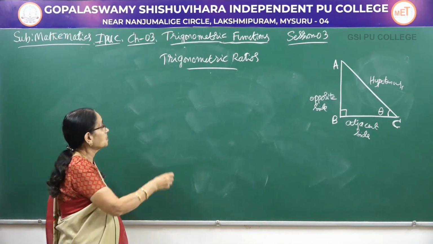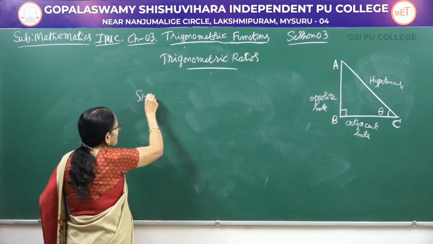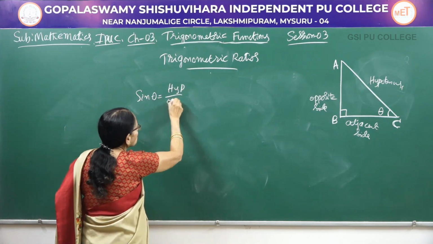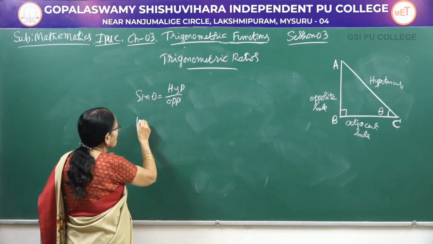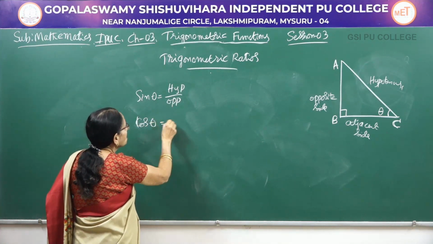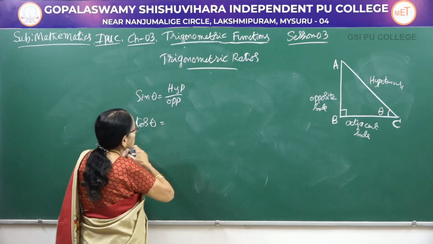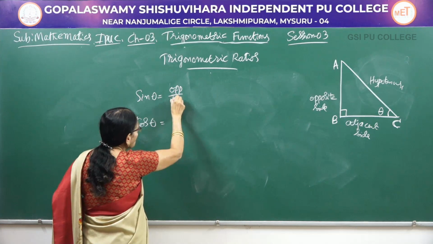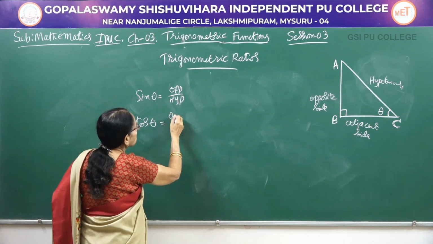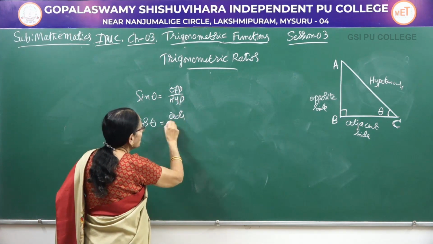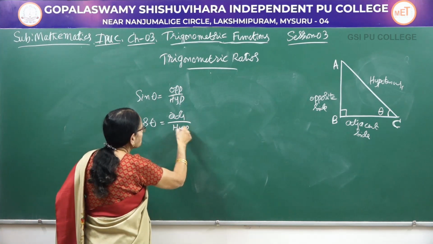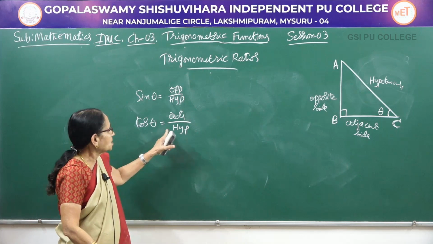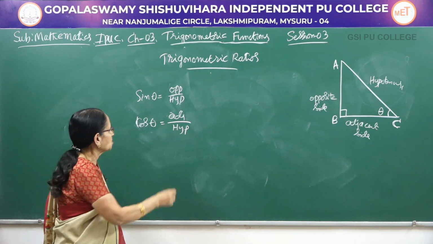And another piece of information, here itself I am considering. Sin theta is opposite over the hypotenuse, and cos theta is adjacent over the hypotenuse, isn't it?